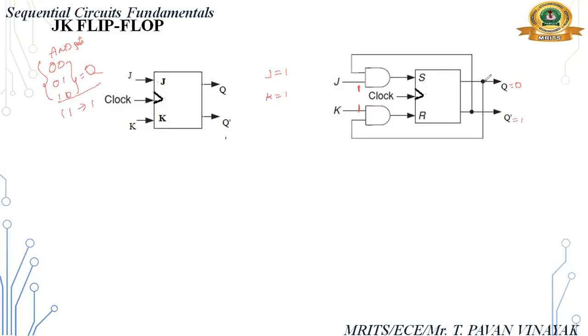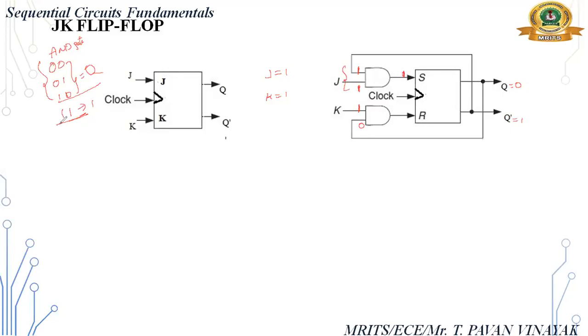So this Q, which is 0, comes to K, and this 1 comes to here. So 1 1, what output do we get when both inputs are 1? AND gate output is 1, right?